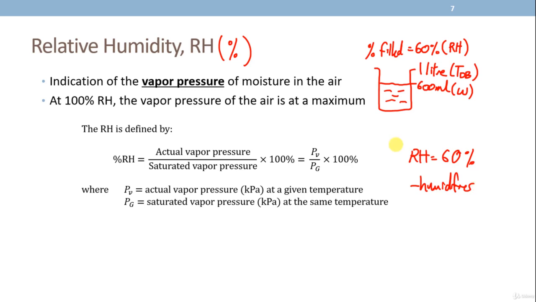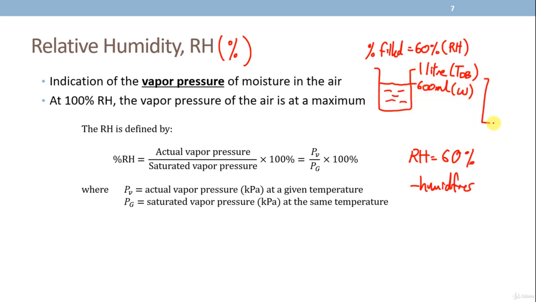So that is a very obvious method, that is to add moisture to the air, and the RH will increase accordingly. The second method to increase the RH, but by not doing anything to the moisture content, is to reduce the container size. So reduce the container size, the percentage filled will increase.